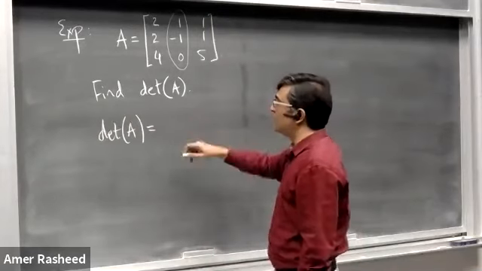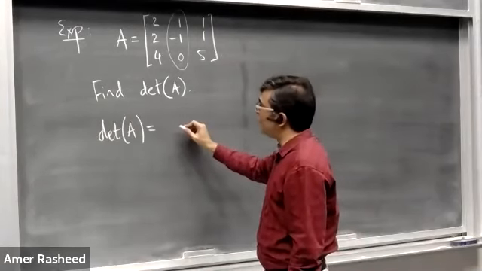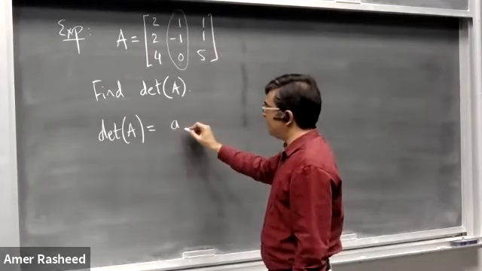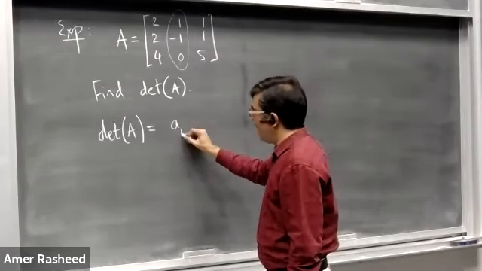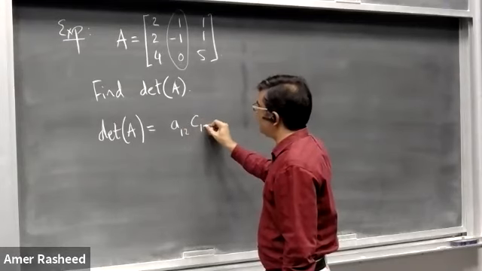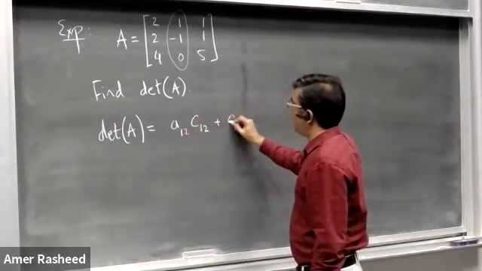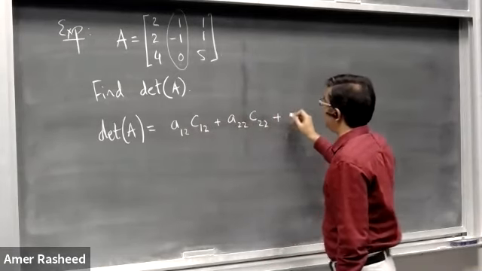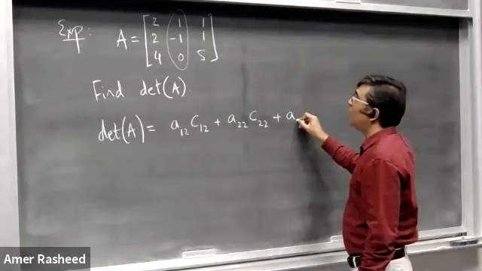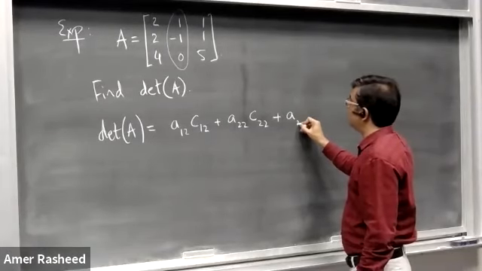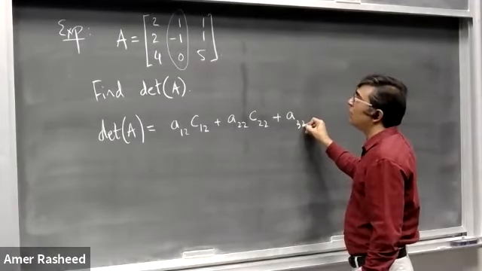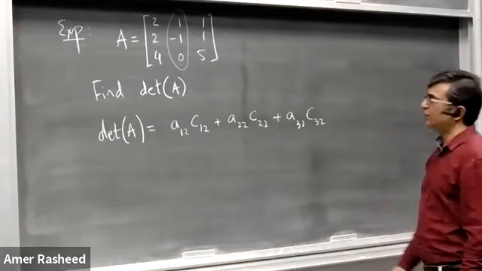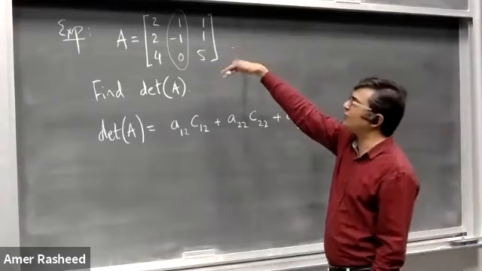Along the second column, the cofactor expansion will be what? Remember, second column: A12 C12 plus A22 C22 plus A32 C32, because it's a 3 cross 3 matrix.